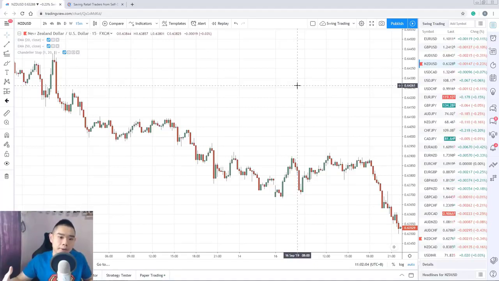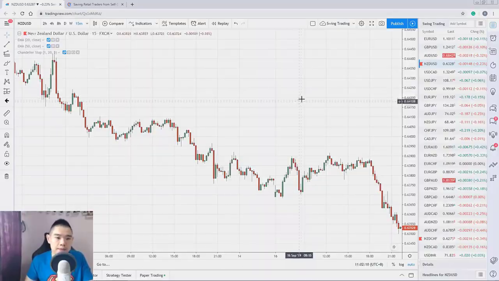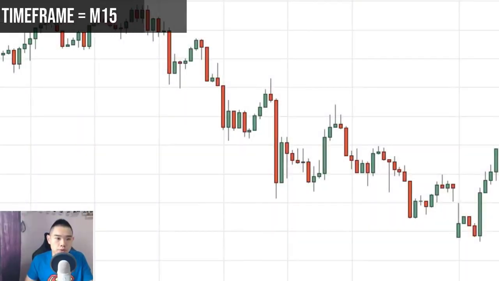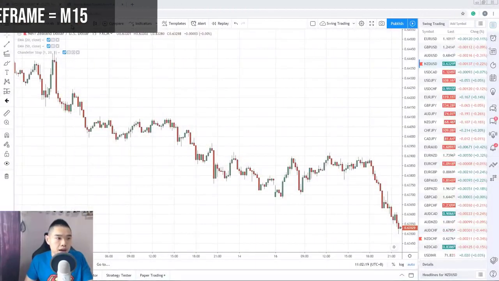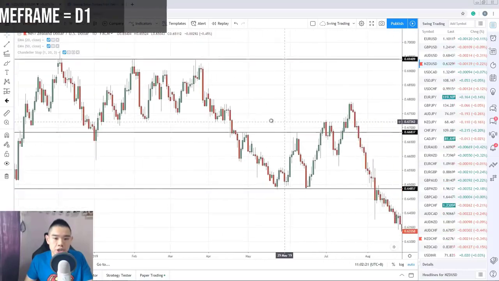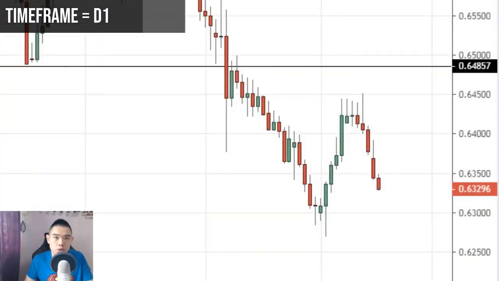They will manage the remaining half using the higher time frame analysis, using the higher time frame market structure. So for example, let's say you went short at this point, and you took a 1-to-1, let's say somewhere near this swing low. You have the remaining half riding, and it could be trailed or managed on the higher time frame. For example, you know that on the higher time frame, price is approaching this swing low over here.